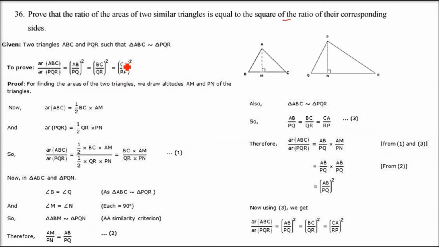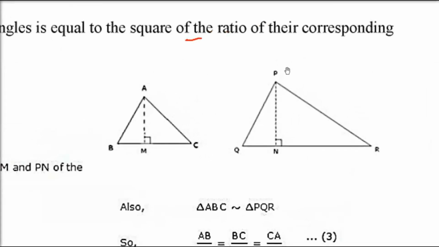So what we do? We'll first find the area, and we know the formula of area. For that we need the perpendicular. So AB square by PQ square, like this we have to prove. We need to find out the area. So that's why this AM. Area of triangle is half into base into altitude.